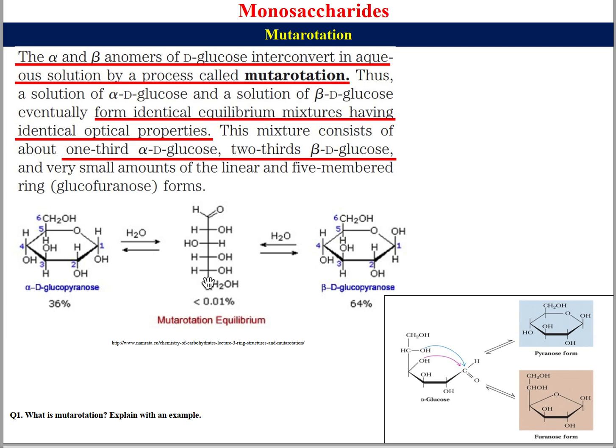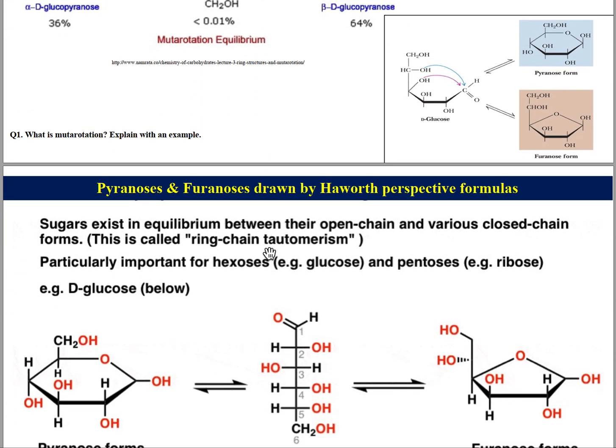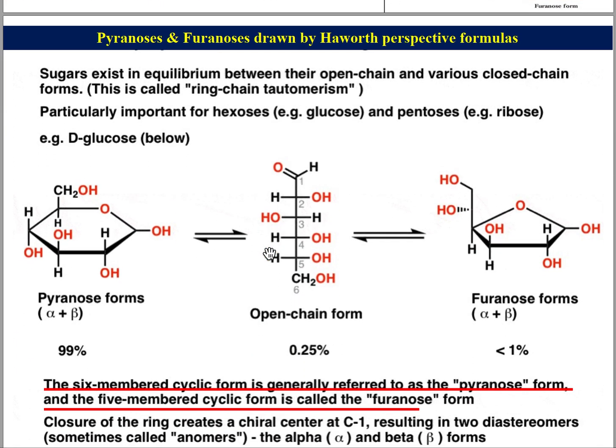This mixture consists of about one third alpha D-glucose, two thirds beta D-glucose, and a very small amount of linear and five-member ring forms. So the alpha and beta anomers of D-glucose interconvert in aqueous solution by a process called mutarotation.